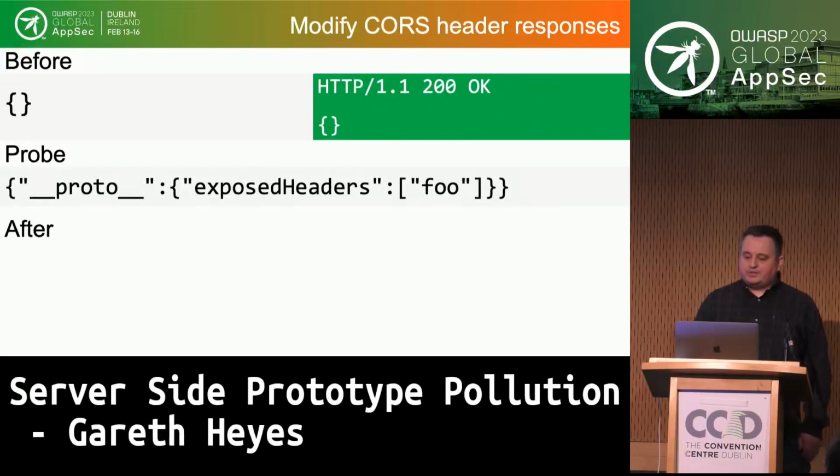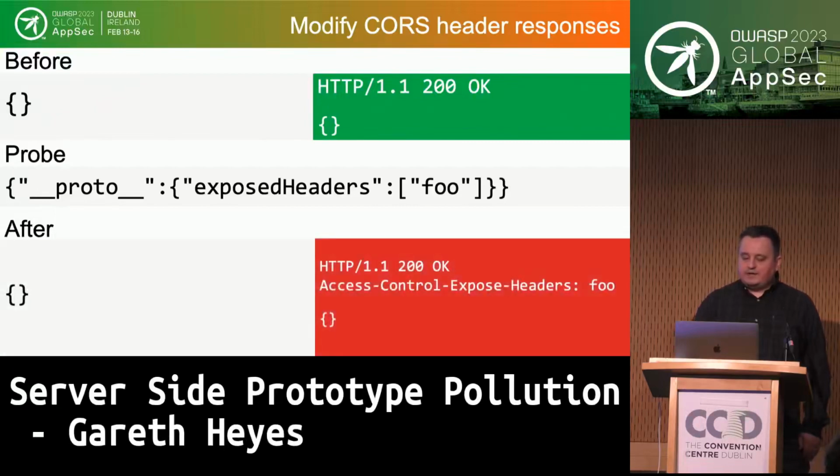So we add a foo property on the exposed headers, and then when we send a request again, we actually get an access control exposed headers response with our foo property. That confirms that prototype pollution has happened, because that header will not exist normally when browsing the site. And it can be harmful to expose that header, but if you use an arbitrary header, then it's pretty safe.